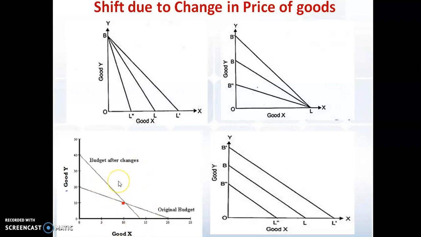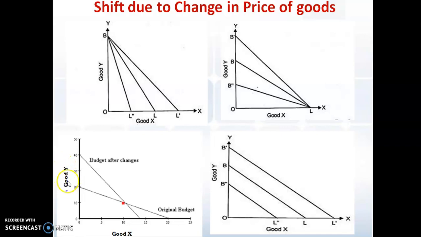So if this is our original budget line, and the price of good X increases and the price of good Y decreases, what is going to happen?